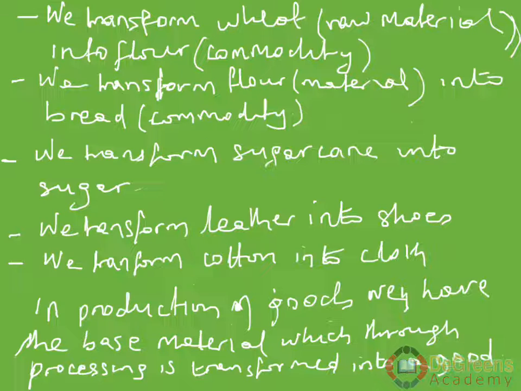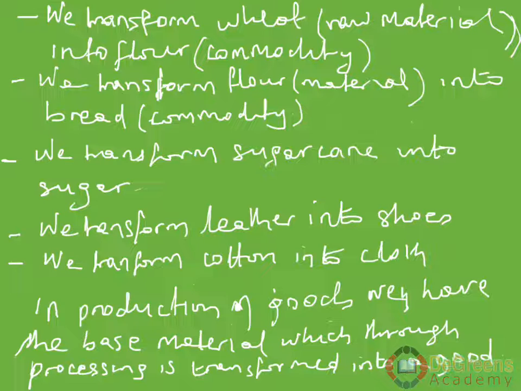If we take wheat, we use it to make bread or the biscuits that we saw on the back of the page. So we transform wheat, which is considered as the material, into flour, which is the finished product. So the material gives the finished product. Now, we can still take the flour and consider it as material and transform it into bread or biscuits.